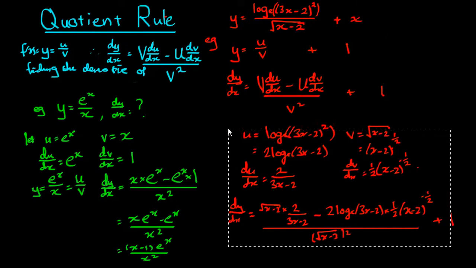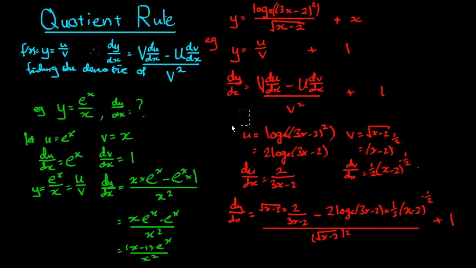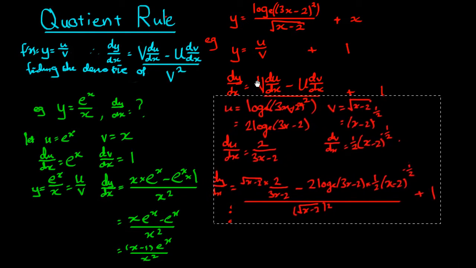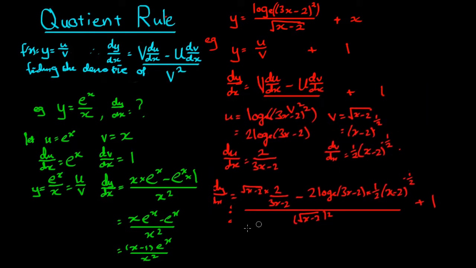We have to move all this up again. They can overlap a little. So this can be written in a simpler form. This is equal to 2 square root x take 2 all over 3x take 2. Take away, well, this half and this 2 can multiply together to make 1.